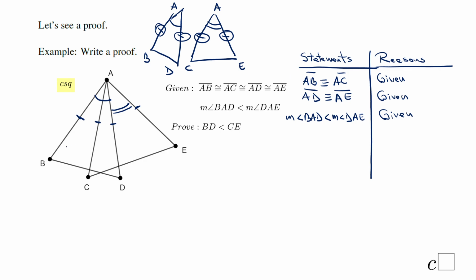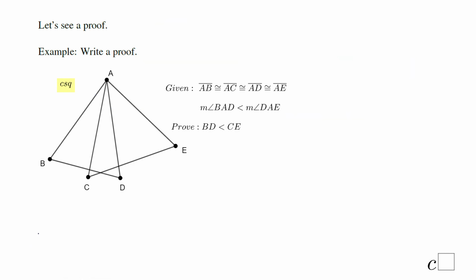I think I should have here the measure of angle BAC is less than the measure of angle DAE. That's the thing. Other than that, we're good.